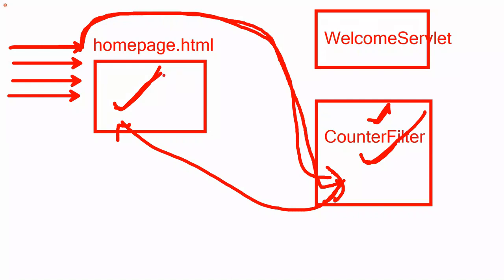But the count value we have to display, no? From HTML to Servlet. Suppose you click something, then the Servlet executes. But where is the count value? In the filter. How to display it?